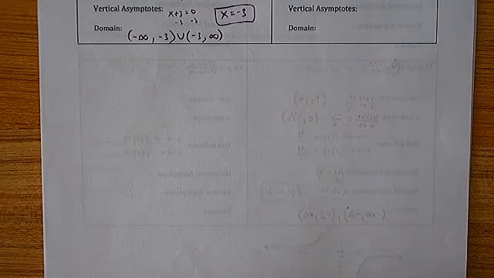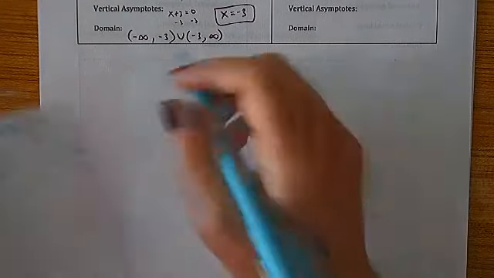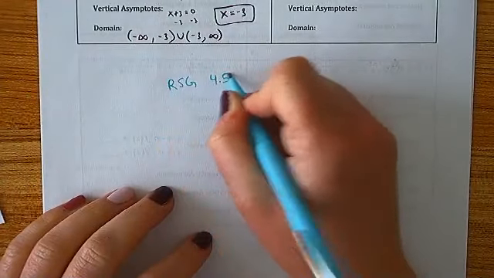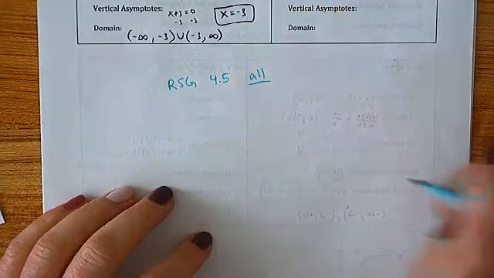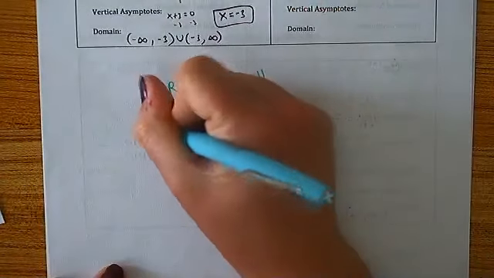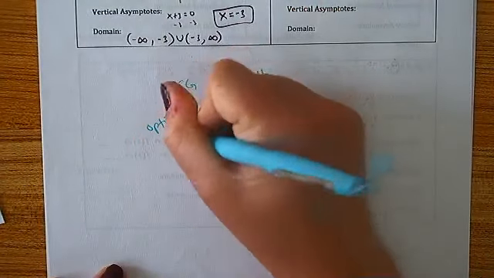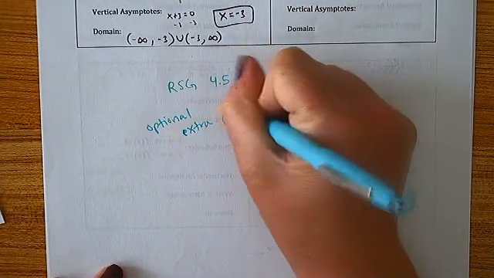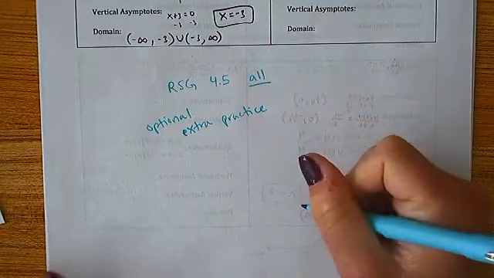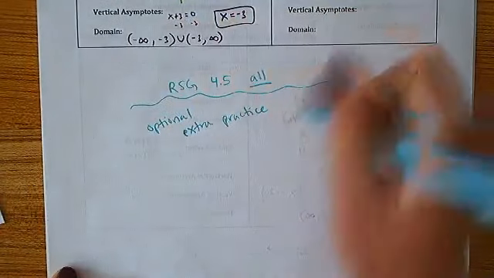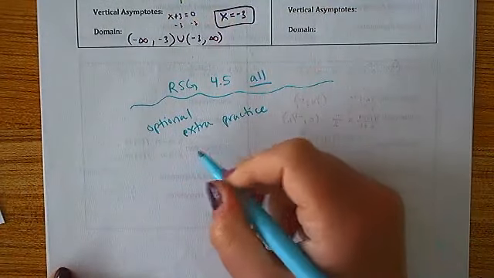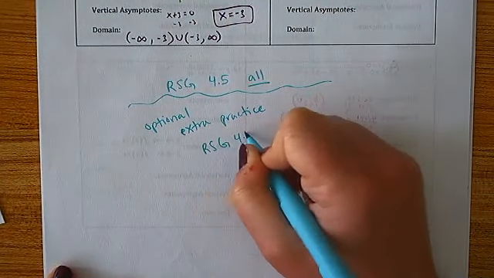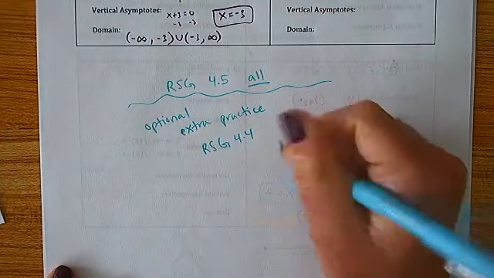So tonight's required homework is going to be RSG 4.5, and you're going to do all of them. And then for optional extra practice, if you feel like you want some more practice with 4.1 and 4.2, you can do RSG 4.4 because that has a lot of good practice.